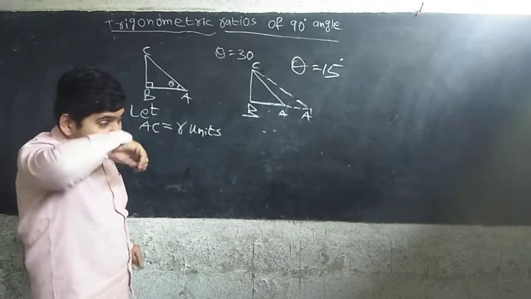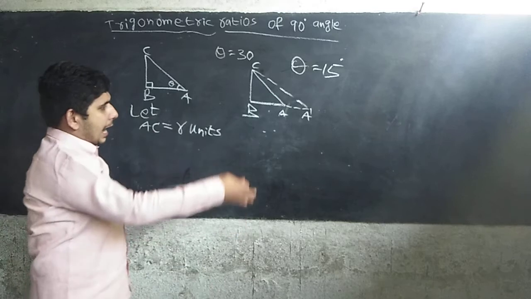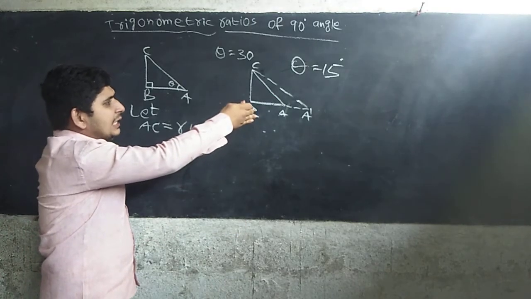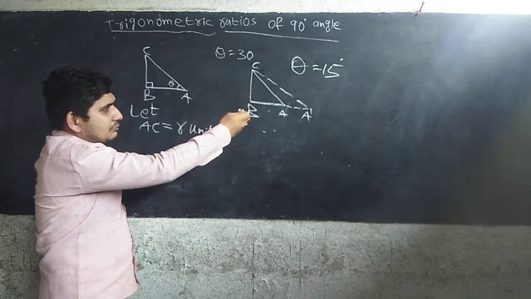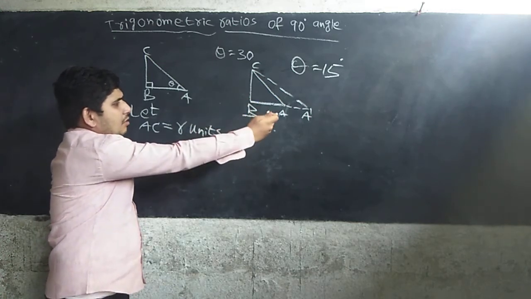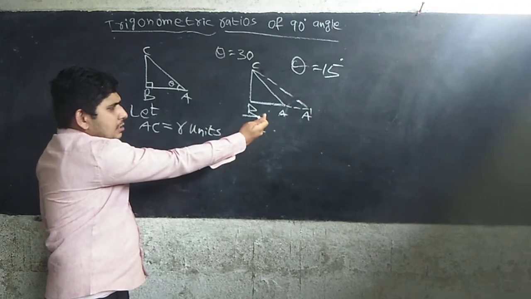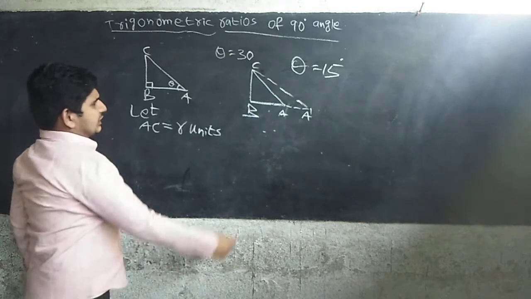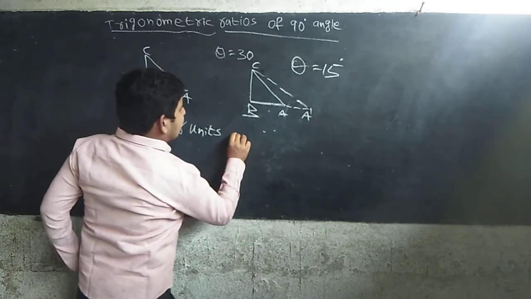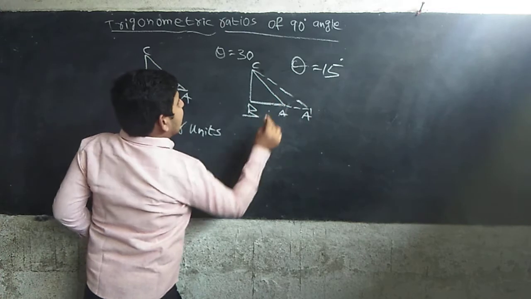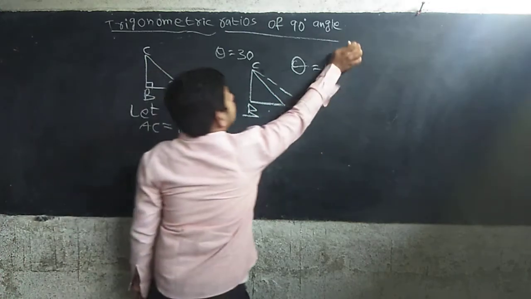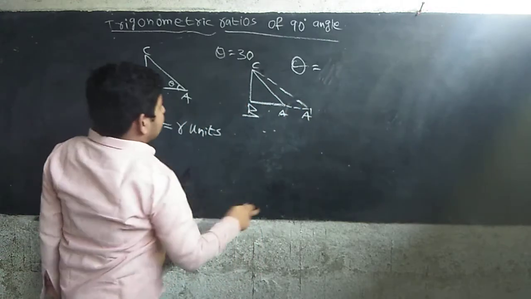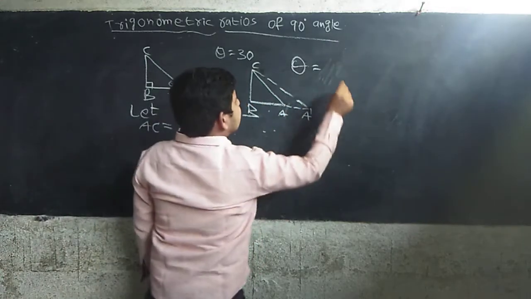As the angle increases, the point A is coming towards the point B. Here angle A equal to 30 degrees, and here angle A equal to 60 degrees.